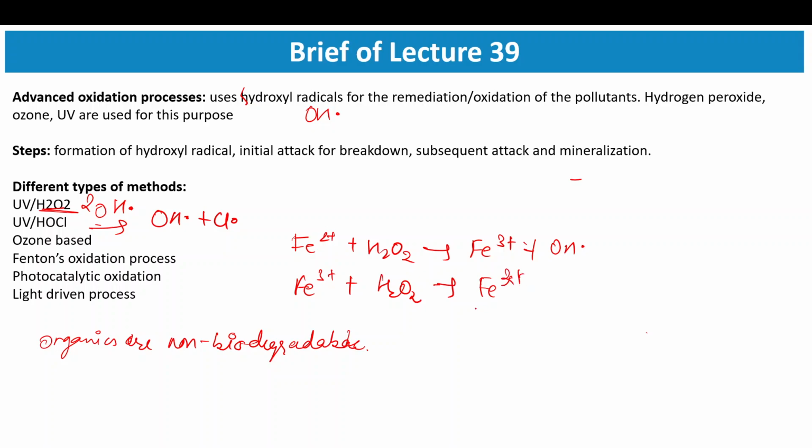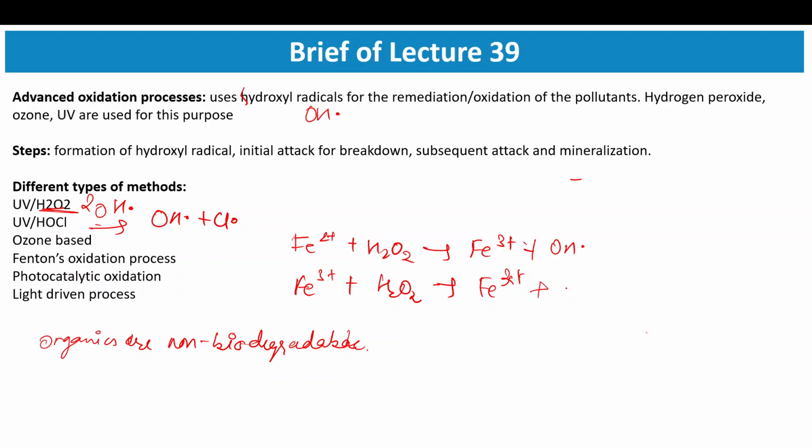So by using all these chemicals, we are just generating OH radical in different ways. Overall, if you see this reaction, it requires the supply of Fe only one time, while you need to supply peroxide frequently because it is consumed, while Fe is not consumed at all.